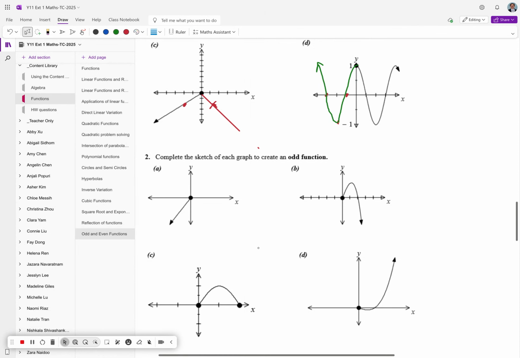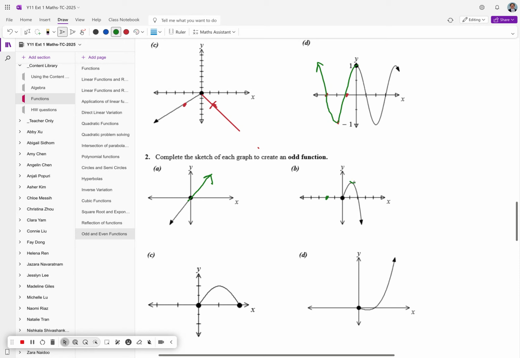So for this one here, for this to be an odd function, symmetric about the origin, don't forget with odd functions, it's successive reflections in the x and y axis. I'm going to reflect this in the y-axis first, so that'll be over here. Then reflecting in the x-axis will leave that point where it is.